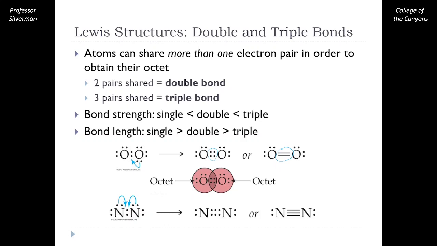When we're able to do that, each of those oxygens achieves the octet. In order for N2 to form a happy molecule, we need to share 3 pairs of electrons, a total of 6 electrons being shared. We call this a triple bond. The more electrons that are being shared between 2 atoms, the stronger that bond. And the stronger that bond, the shorter that bond is.